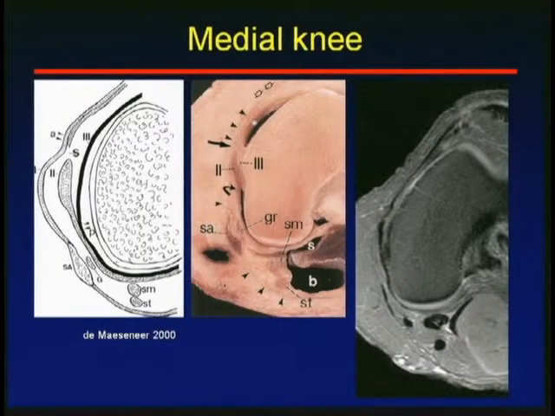Michel De Maeseneer expanded on that medial concept and published some articles in our radiology literature that you may be familiar with, again showing this most superficial layer which represents crural fascia and doesn't create any significant support medially, the larger superficial ligament, and then deep to that, the much smaller deep ligament which was seen in the deepest layers of the medial collateral ligament.